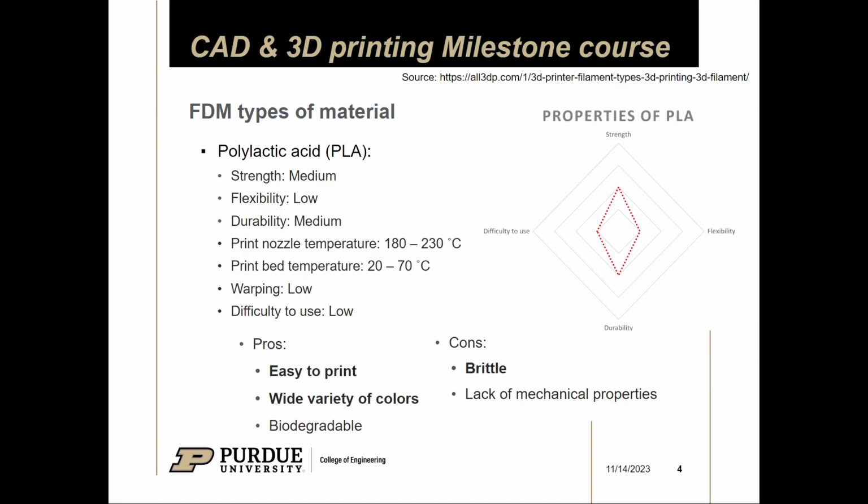One upside is that it's technically biodegradable, but it has to be under very special circumstances for that to be true. But some problems is that it doesn't have very high temperature resistance. So if it's under high heat conditions, then it will tend to melt or warp, which is not always ideal.